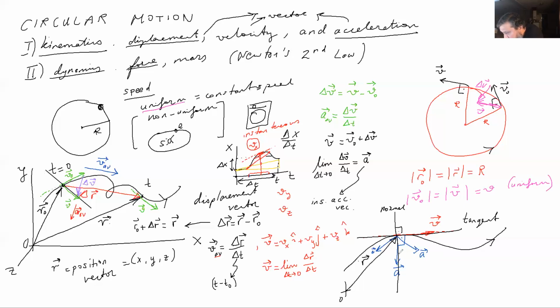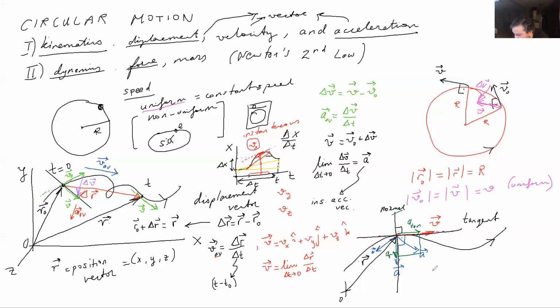How do you do that? You box it, you draw a box around it like this, and then you recognize the sides, this one here and this one. These two are the components of A along the tangent line, the tangential component, and this is the radial component, radial or normal.